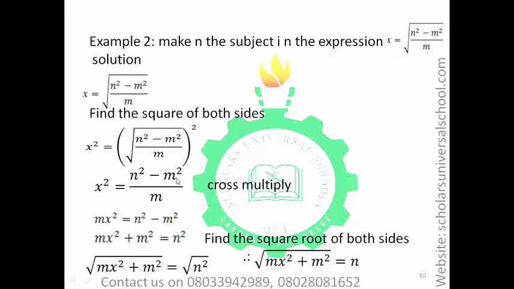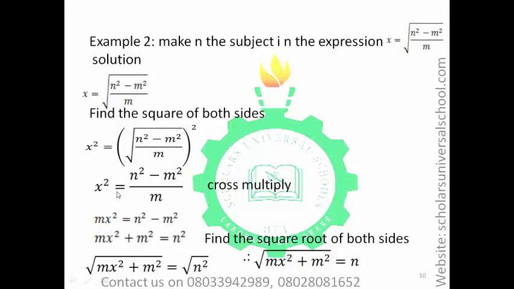You will see that the square here has turned our x to x squared. Are you there? So now let's cross multiply. So we have x squared times m to give us mx squared is equal to n squared minus m squared.